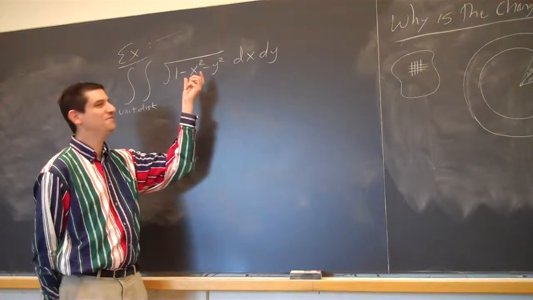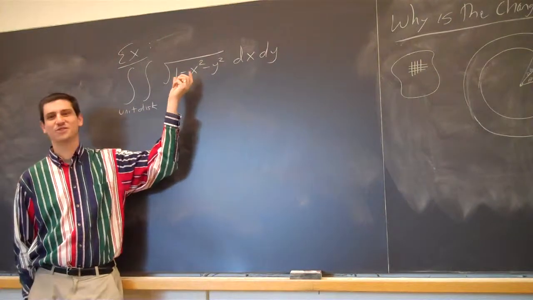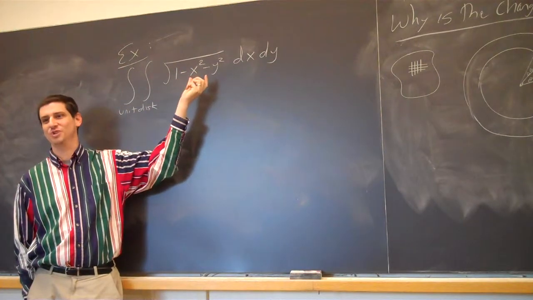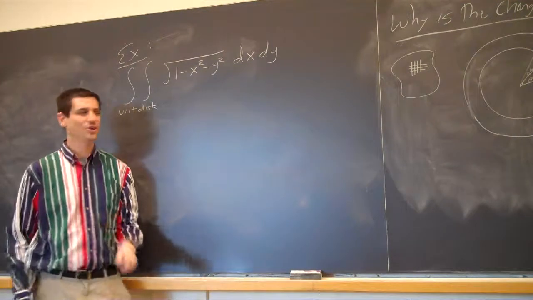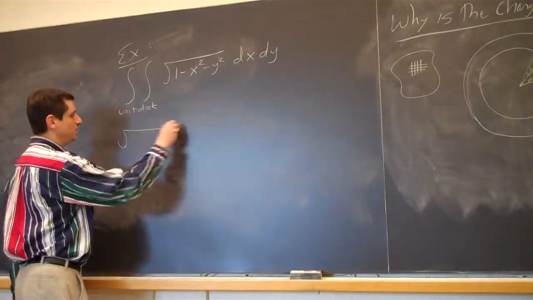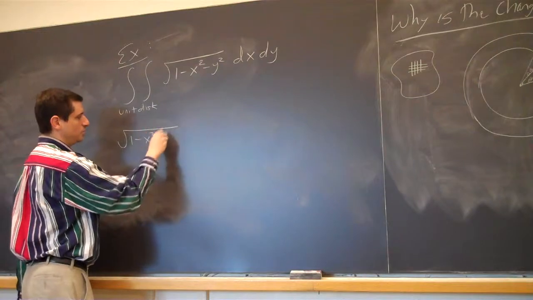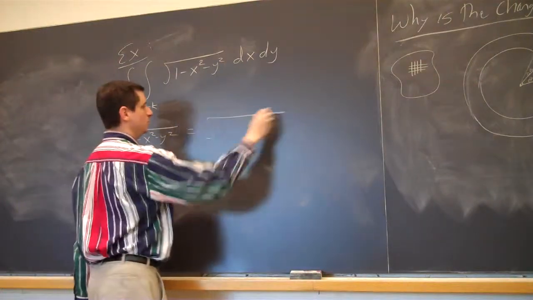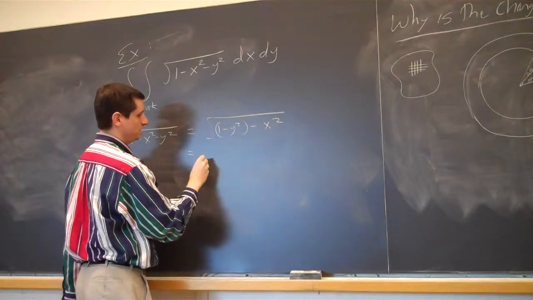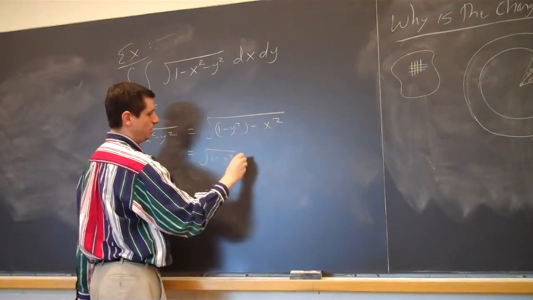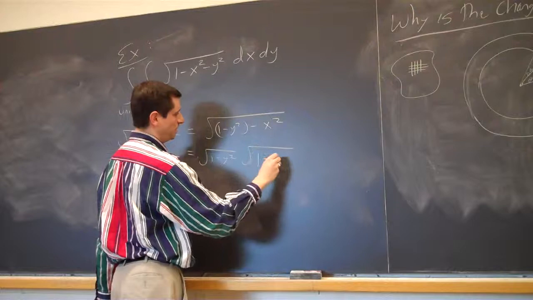You have to find the antiderivative of the square root of 1 minus x squared minus y squared. Now I showed you the antiderivative of the square root of 1 minus x squared. I will erase this immediately.